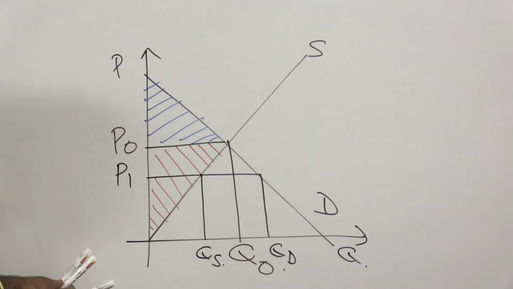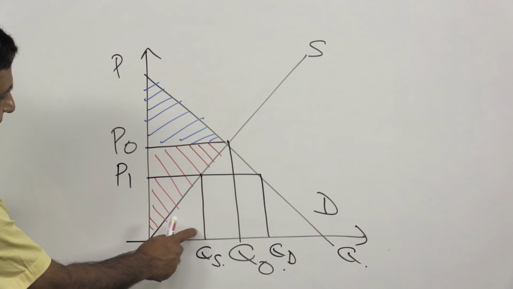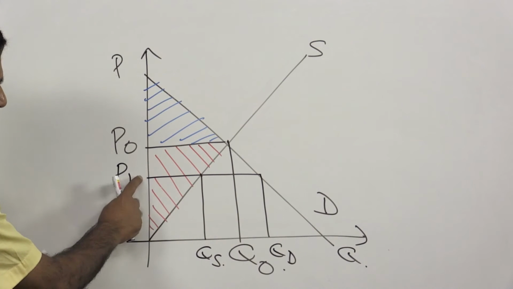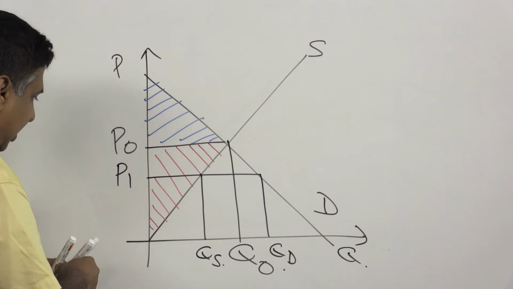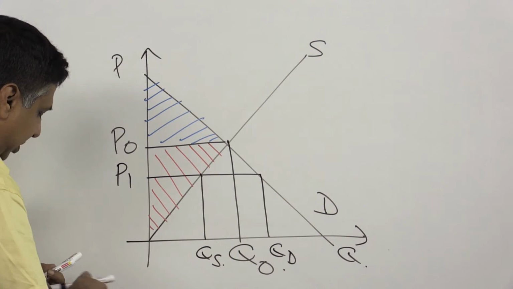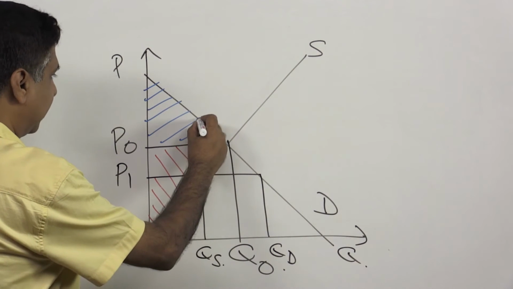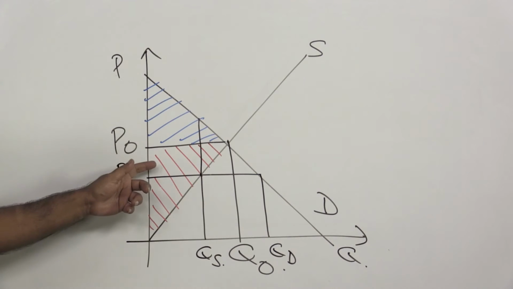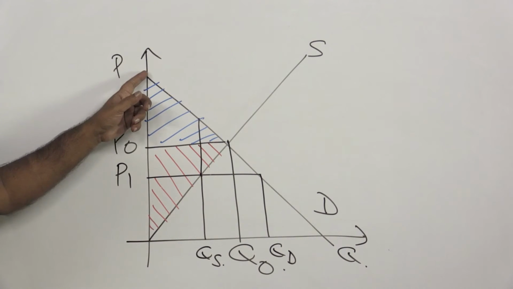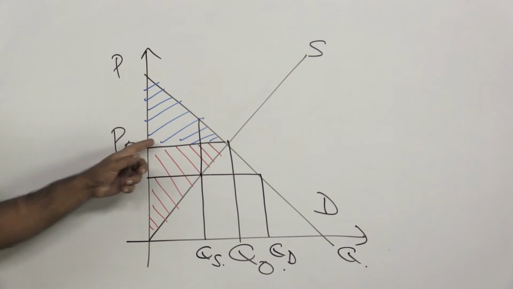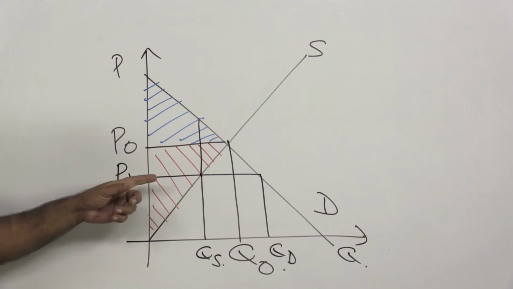So let's see what happens to the consumer surplus and the producer surplus at this particular quantity and at this price P1. I will extend this line upwards till it reaches here. Now what has happened to the consumer surplus? Earlier the consumer surplus was this whole blue shaded area.